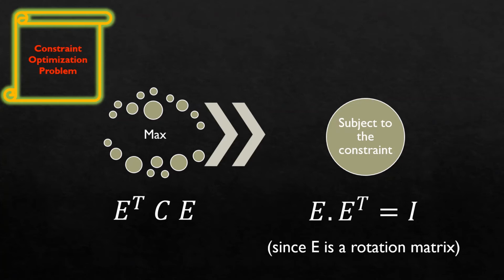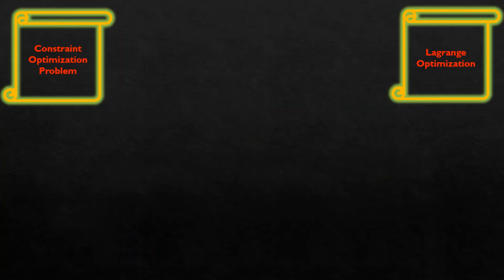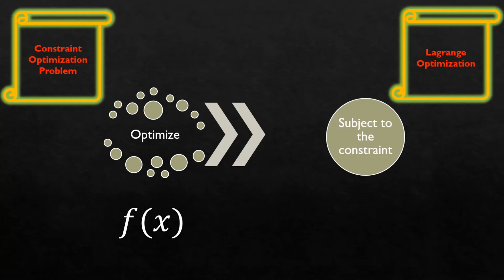And this constrained optimization problem can be solved using Lagrange optimization. Lagrange optimization can be applied to problem statements which can be stated as optimize f of x subject to the constraint g of x is equal to 0.